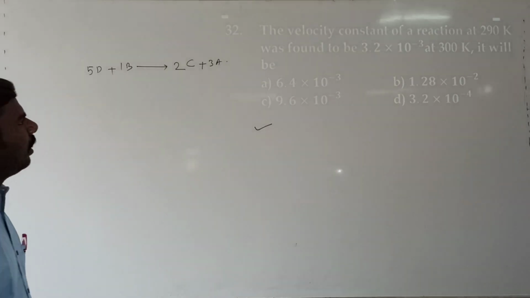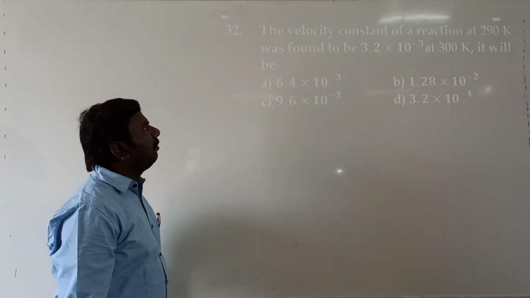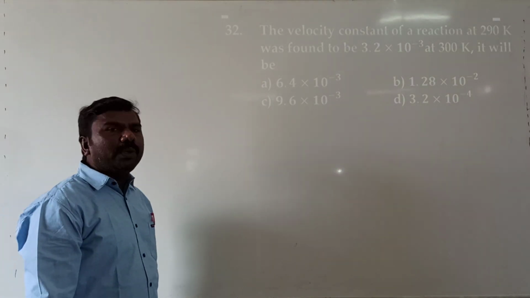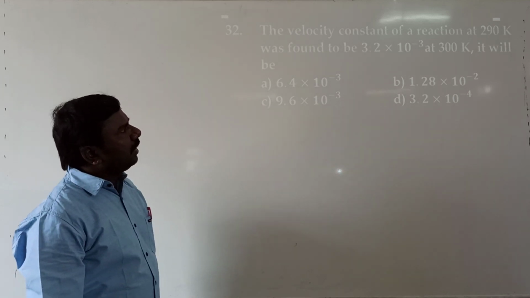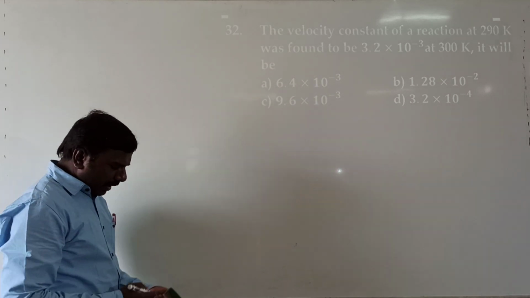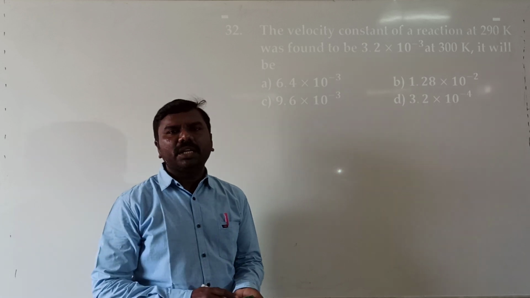The velocity constant of a reaction at 290 Kelvin was found to be 3.2 into 10 to the power of minus 3. At 300 Kelvin, as temperature increases by 10 degrees, the rate constant value will be doubled.